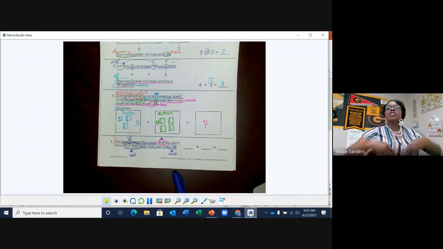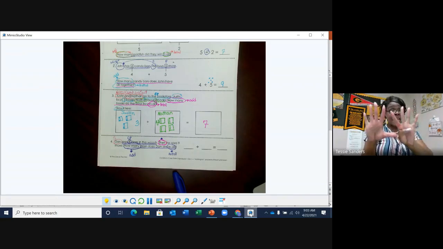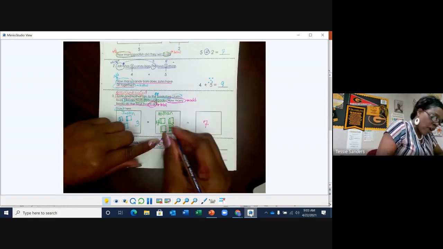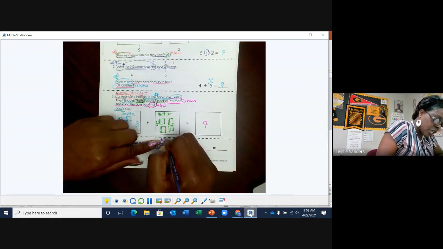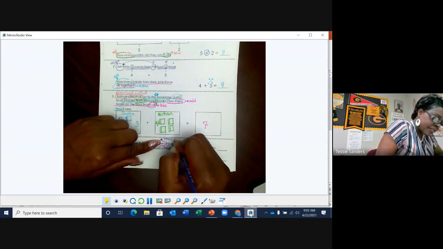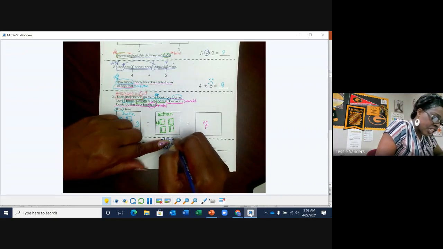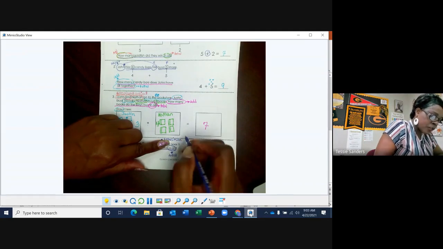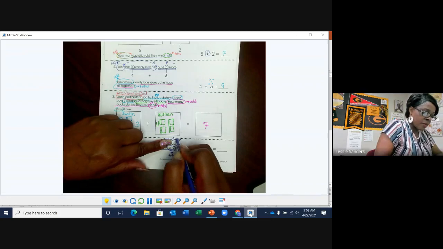Then he saw 9. So write the word transition. TRANS, transition. Final stable syllable, TION.